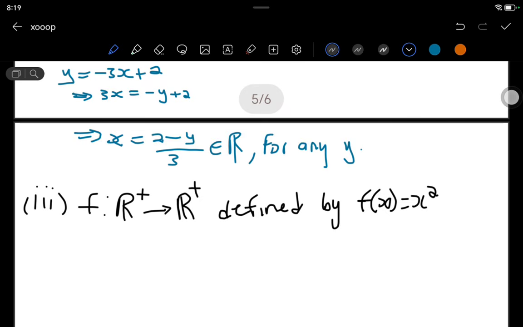Now we are asking ourselves, is this going to be one-to-one? Is it going to be onto or not? So that is the question that we're asking ourselves. So let's first look at one-to-one.